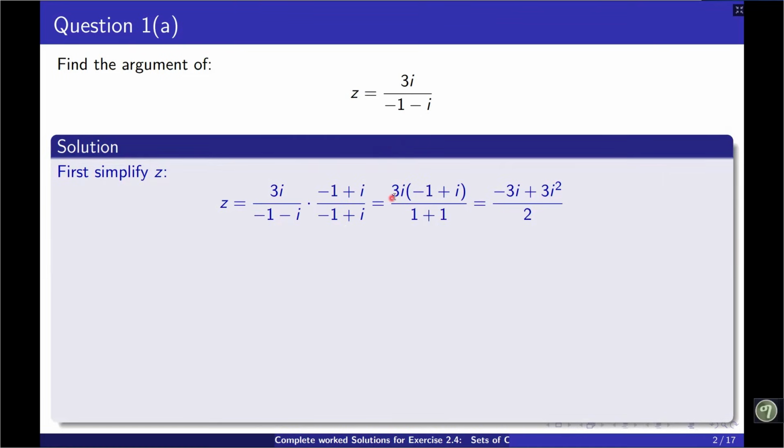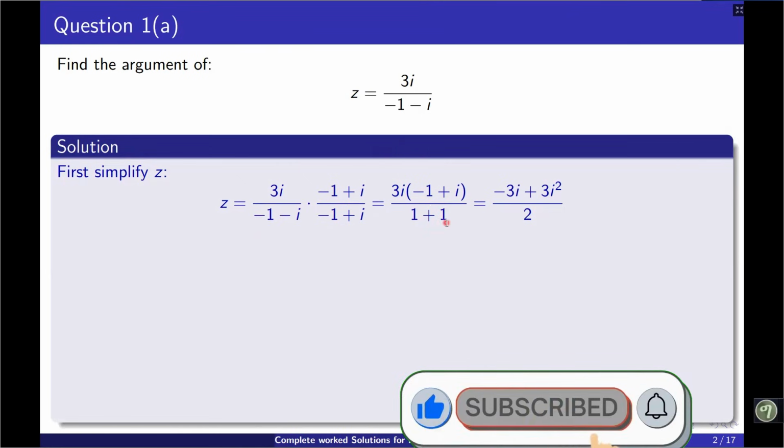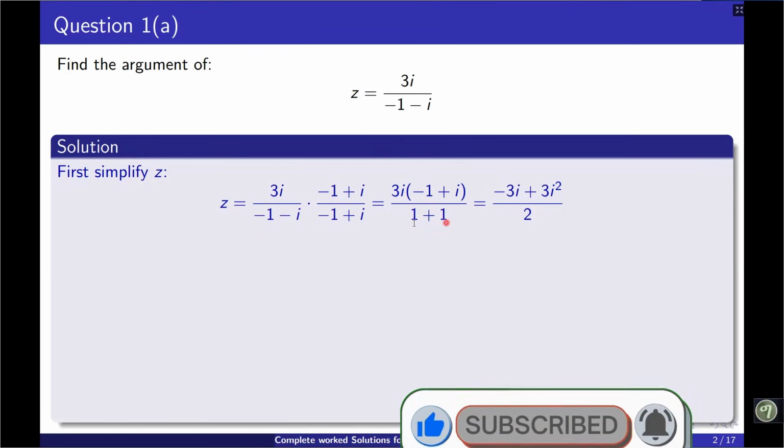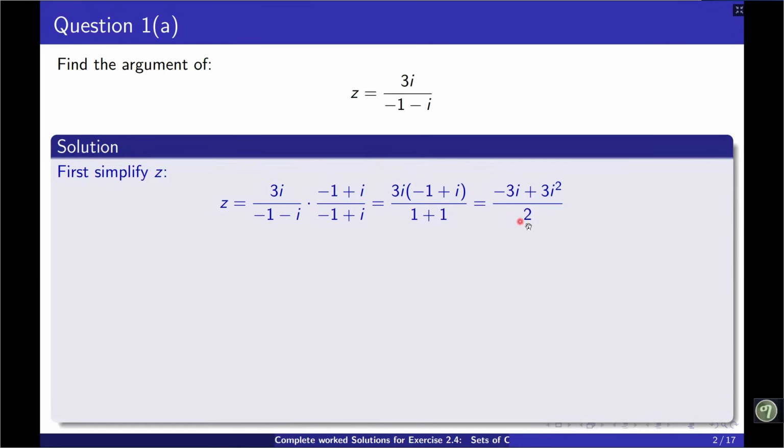So it becomes 3i times minus 1 plus i over the product of two complex conjugates, which is the square of their norm, so 1 plus 1, which is 2.